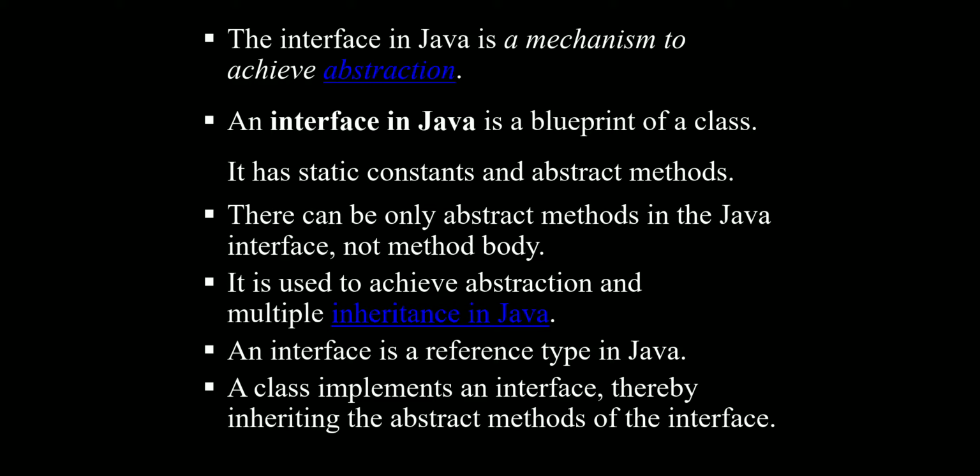Abstraction means hiding the unwanted data by exposing only the essential data to the users. This is the concept of abstraction. In a previous class, we already discussed the concept of abstraction. An interface in Java is a blueprint of a class.